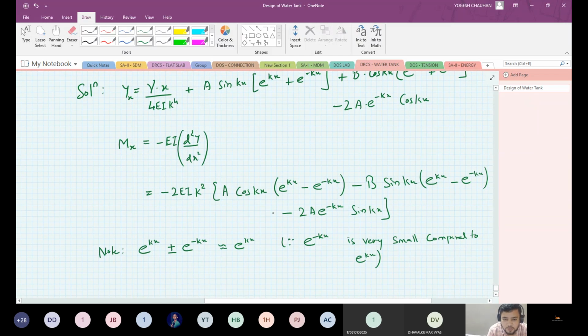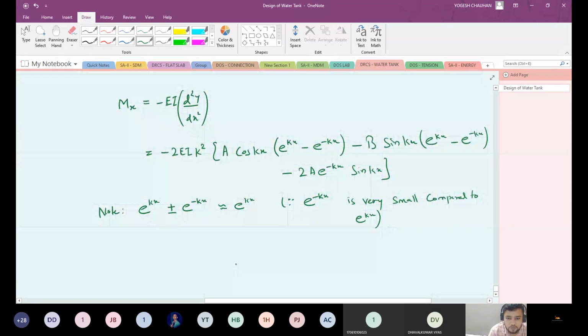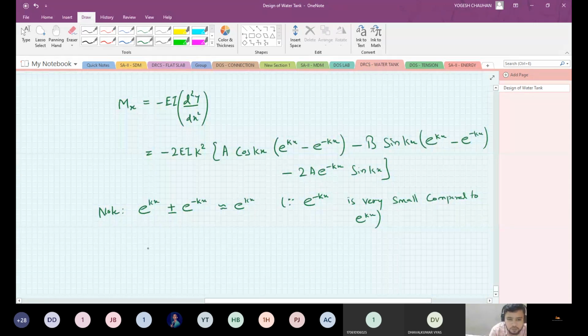So you can finally substitute this condition and the above conditions to get the solution. Also, you know M x equals minus EI d square y by dx square.